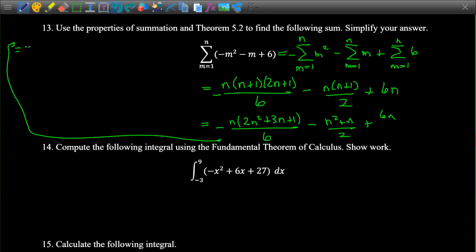So we'll have minus 2n cubed minus 3n squared minus n. And for that second term, I'm going to multiply by 3 over 3, because the first one was over 6. So we'll have 3n squared plus 3n over 6, and then 36n over 6.